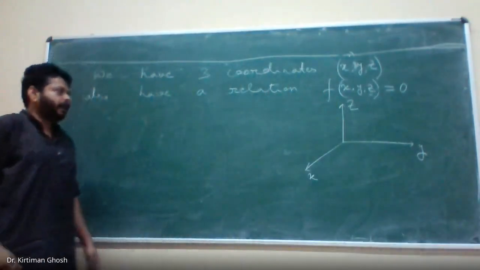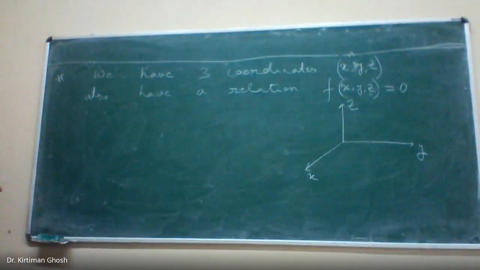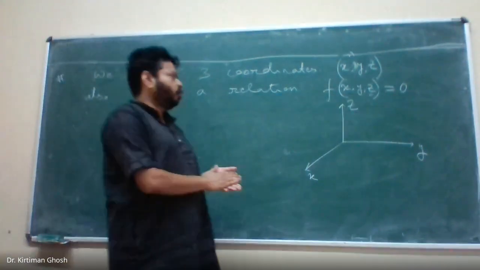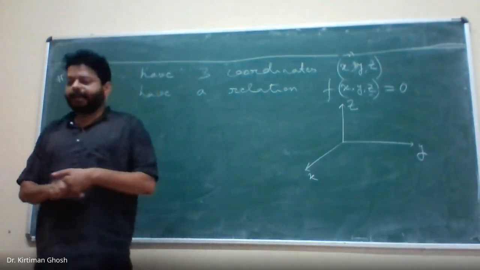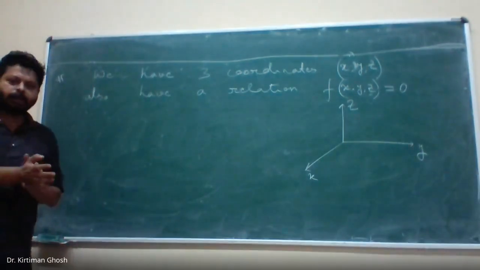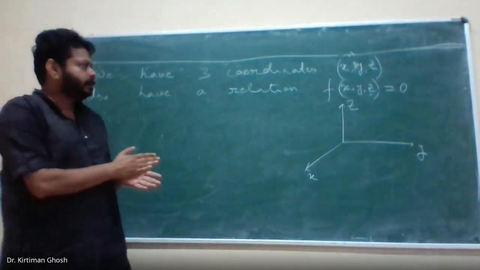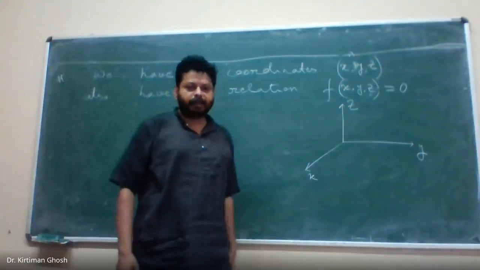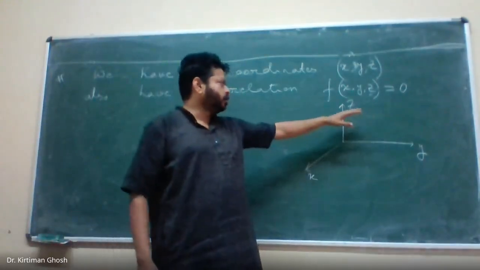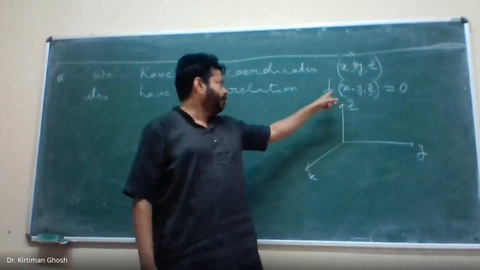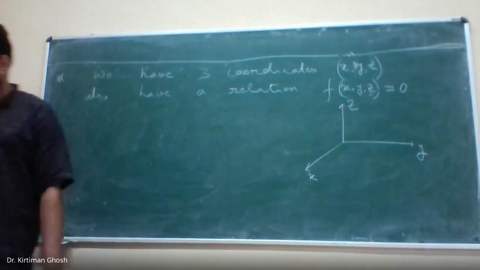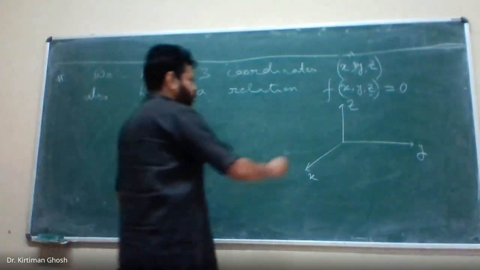And this also says that there is a relation between x, y and z. So how can you visualize the relation of three coordinates x, y and z in a three-dimensional space? The relation basically means a surface in this three-dimensional space, right? One particular relation corresponds to a surface. So this relation f(x, y, z) equal to 0 corresponds to a surface in this x, y, z space.